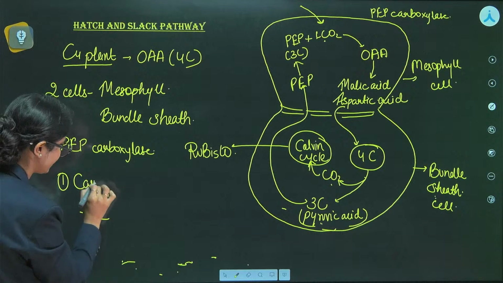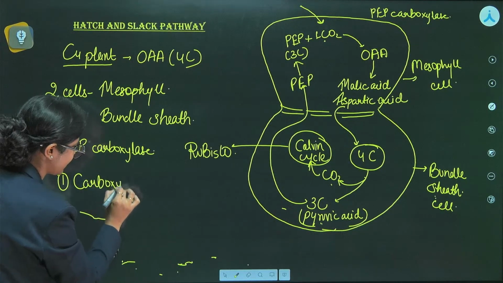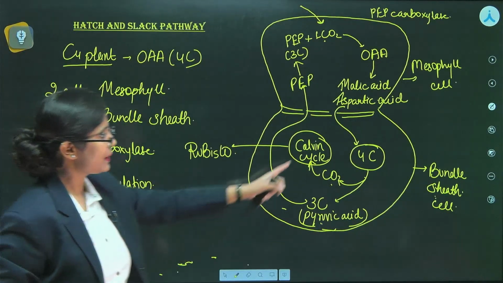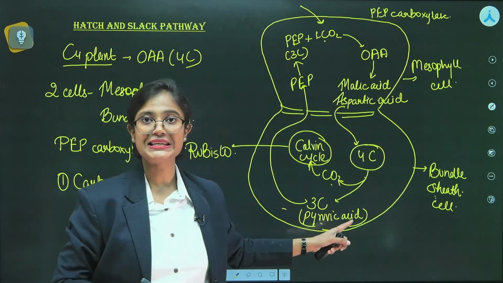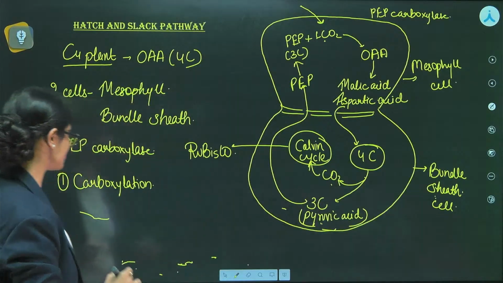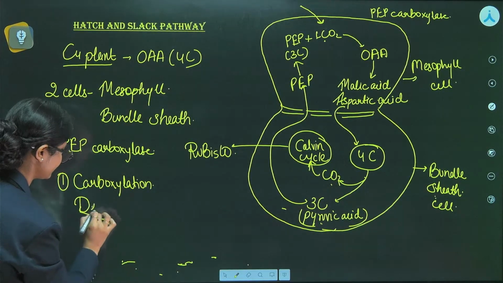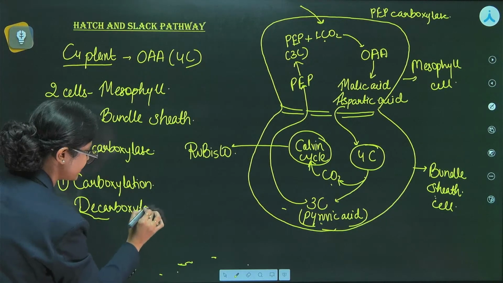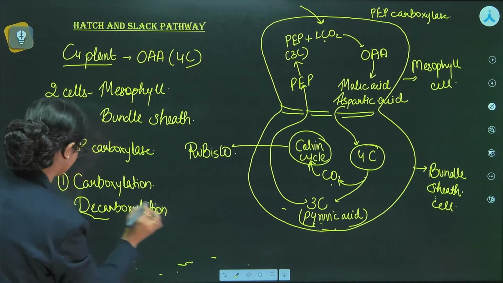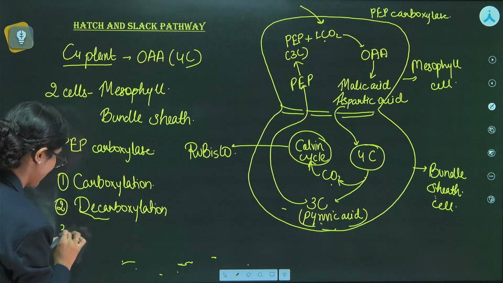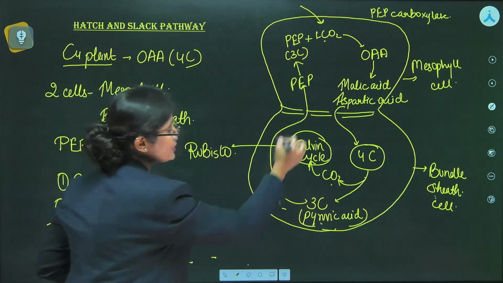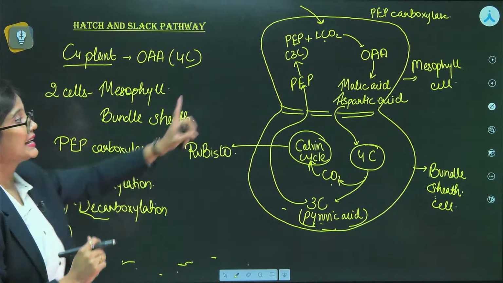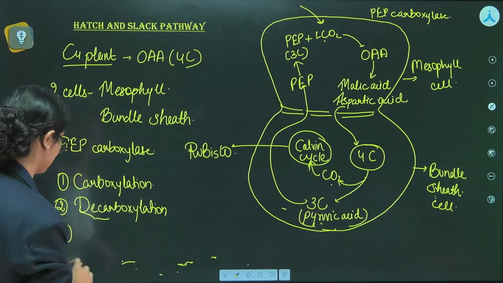Let's jot down here: carboxylation. The next step, in the bundle sheath cell, is decarboxylation. And the third step is regeneration from pyruvic acid to phosphoenol pyruvate in the mesophyll cell.